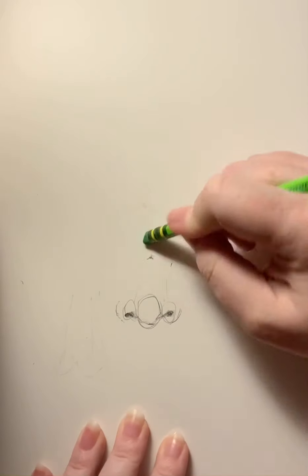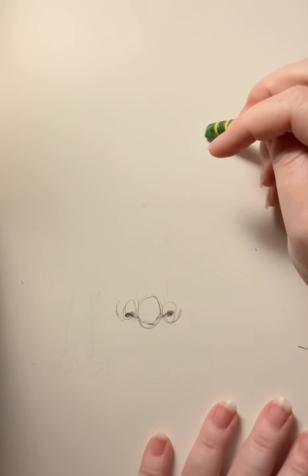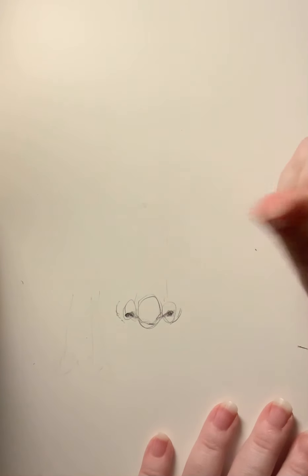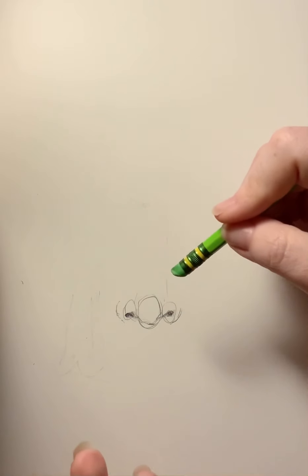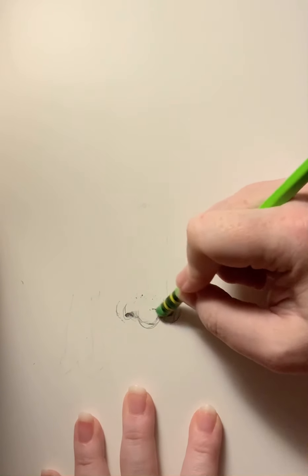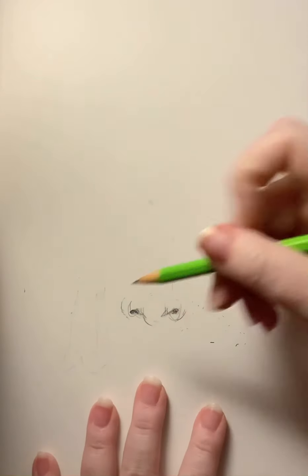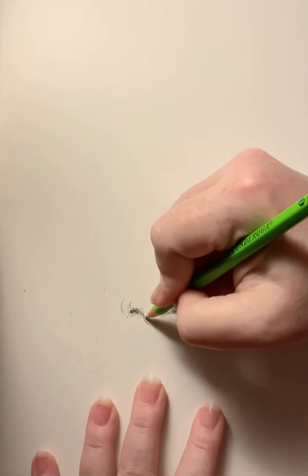I don't like to put the lines up because you become reliant on that and you use just the lines and you don't put the shading in where it needs to be, and most of the nose is just shading. That's why I think it's one of the more difficult facial features to draw. So I'm going to erase those circles, but just so you know, if you want to, that's an option.